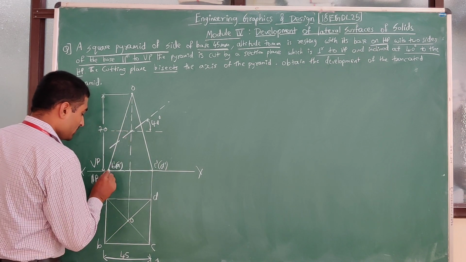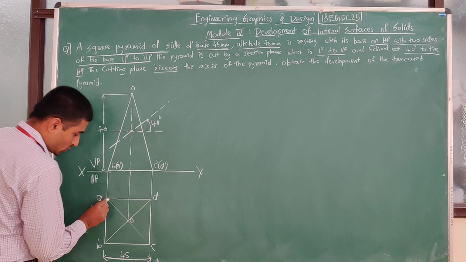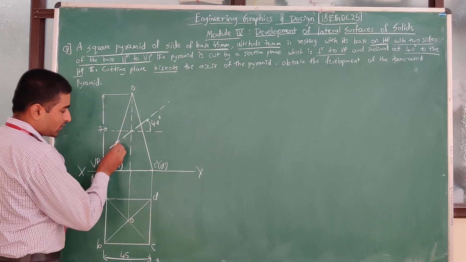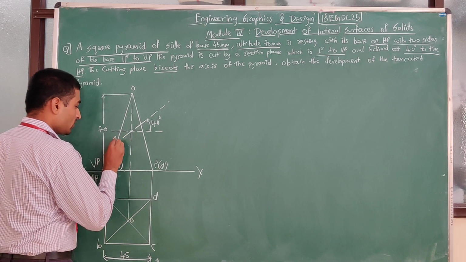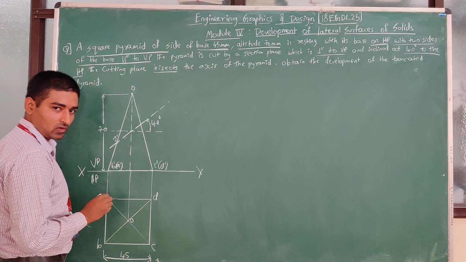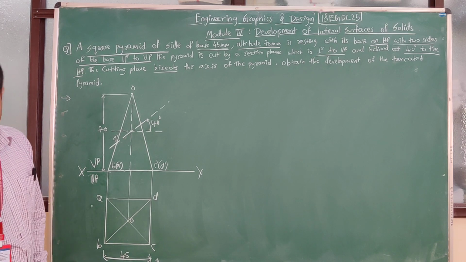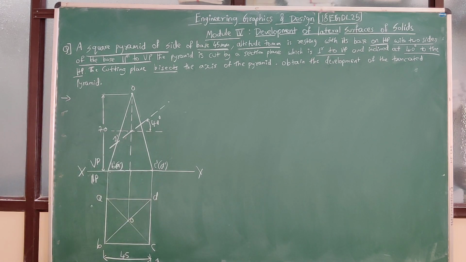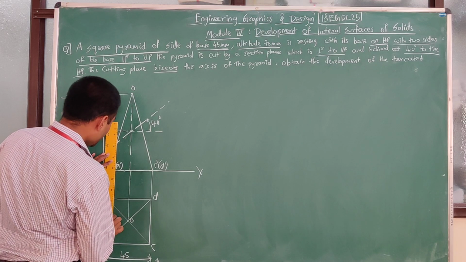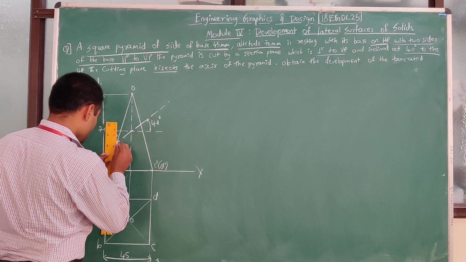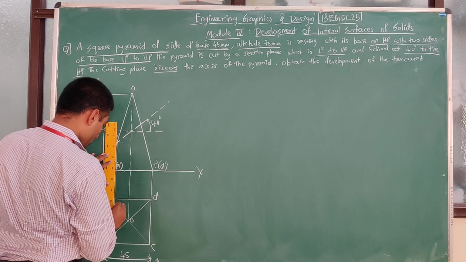So if you check this problem, A to O, is it cutting somewhere here? In A to O, yes, it is cutting exactly on this side. So I am going to name it as 1 dash, and then you project that point on the top view.